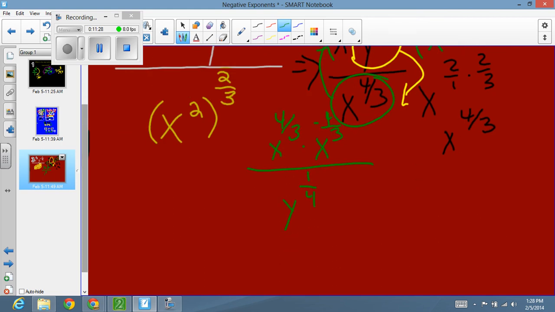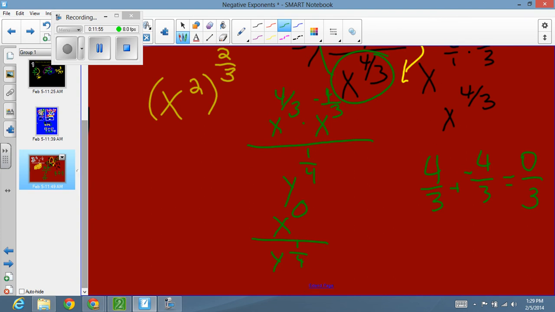Okay? And I know when I multiply, I add their exponents. So when I do 4/3 plus a negative 4/3, I get 0/3. So this becomes x to the 0 over y to the 1/4.